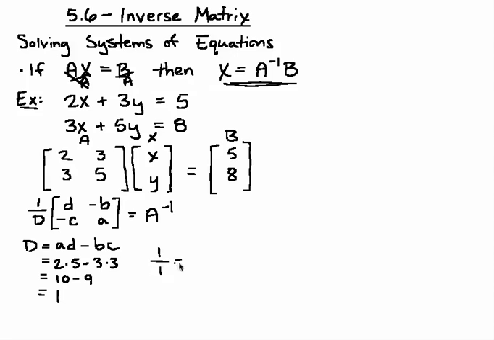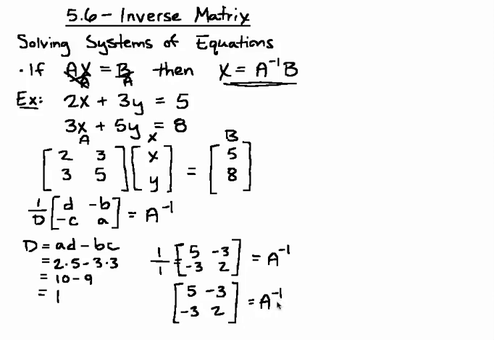A inverse is 1 over D, which is 1, times the matrix D, negative B, negative C, A. So this would be 5, negative 3, negative 3, 2. And since we're basically just multiplying by 1, A inverse is simply 5, negative 3, negative 3, and 2.